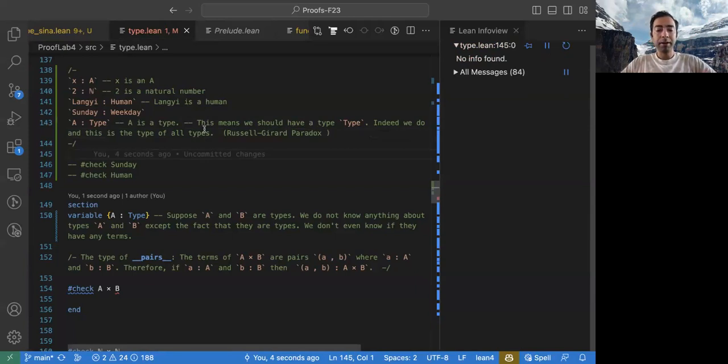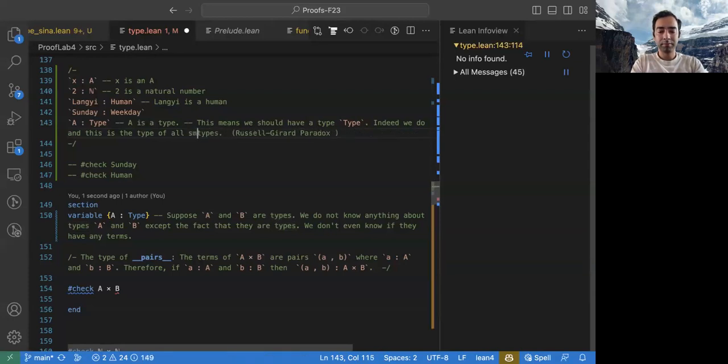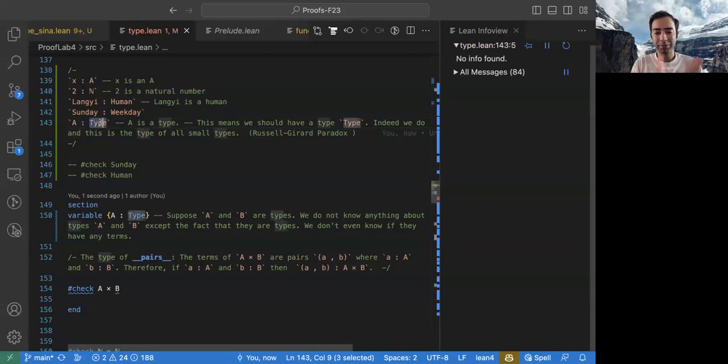If we were to have a type of all types, that thing would be too big to be a type. So later we will learn that this is really not the type of all types, but the type of all small types. This is a caveat which we can discuss later, but for now, you can think of type as the type of all types, okay? It's going to be helpful, just that there's a caveat with that.